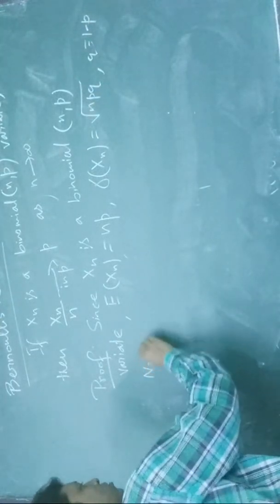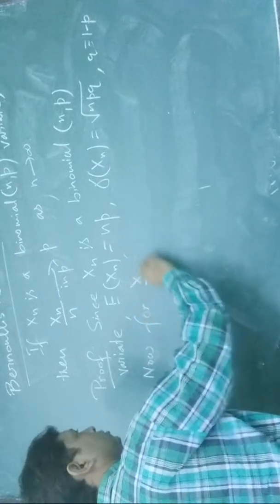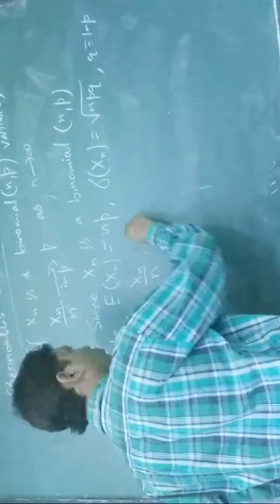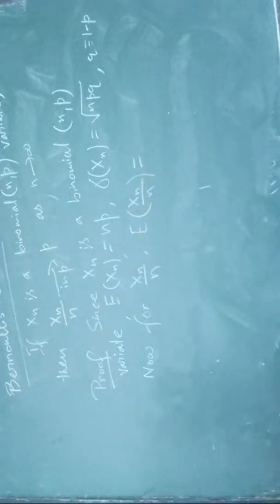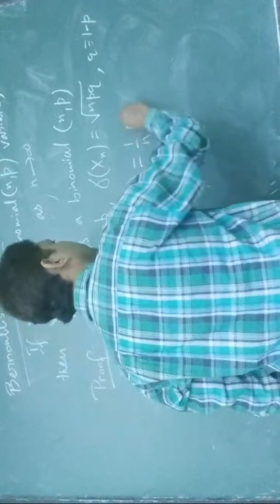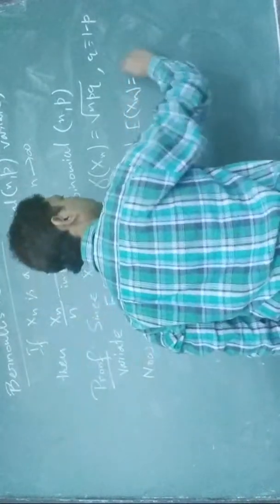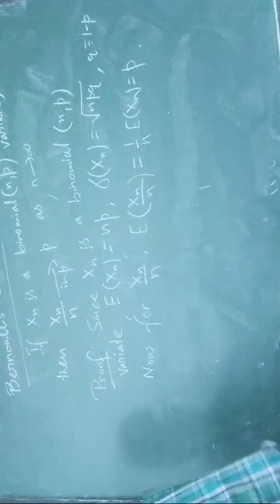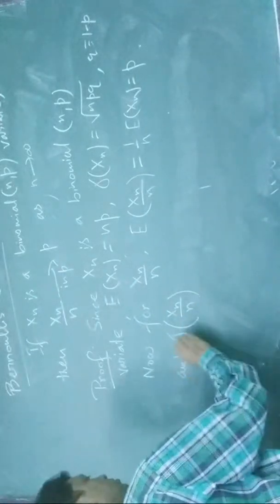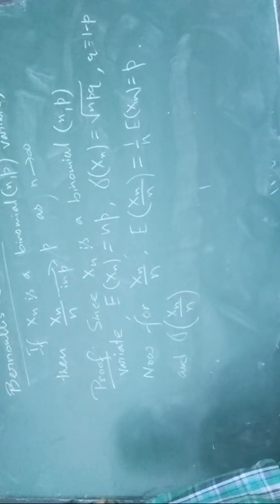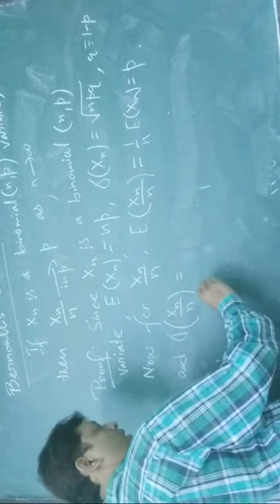Now what is your expectation of Xn by n? p, because n is constant, this is fixed. Clear? And what is your sigma of Xn by n? Root pq by n.